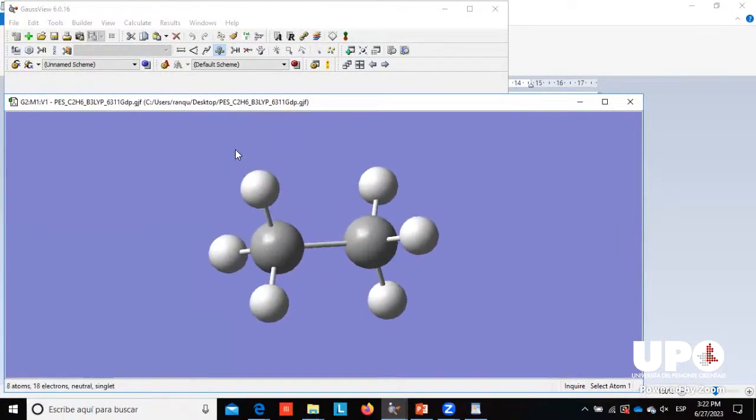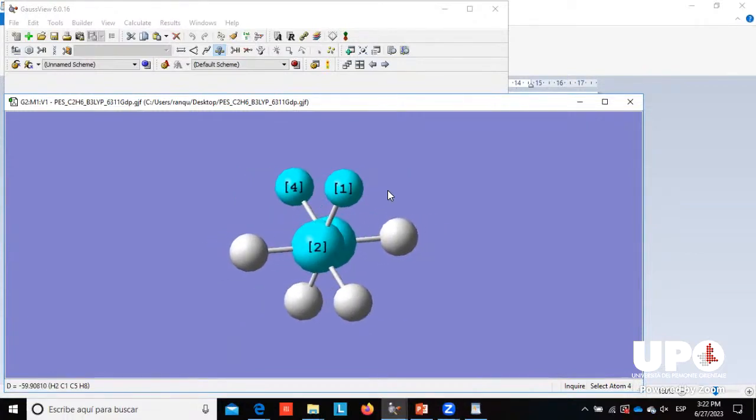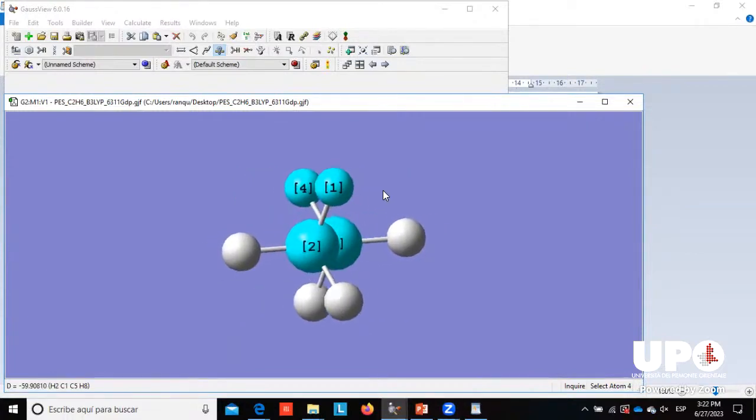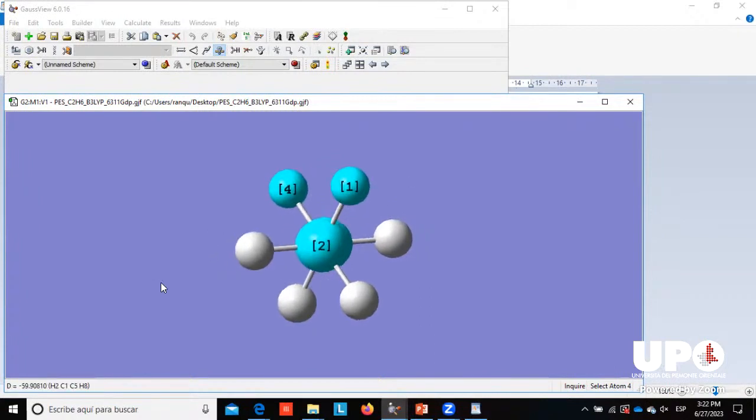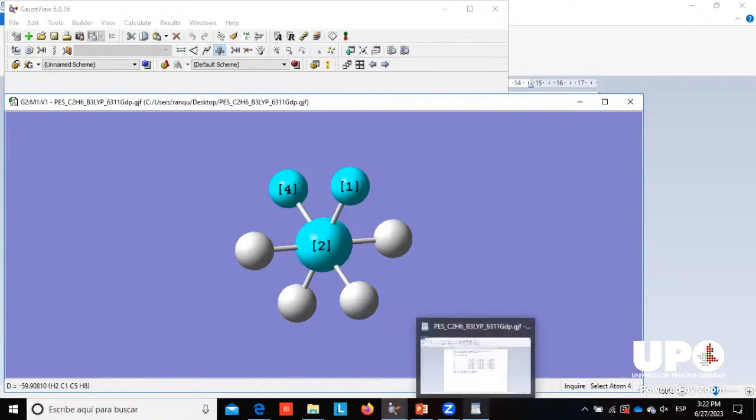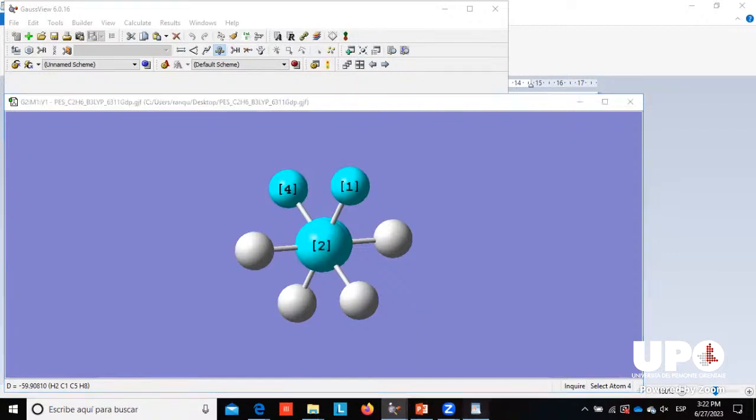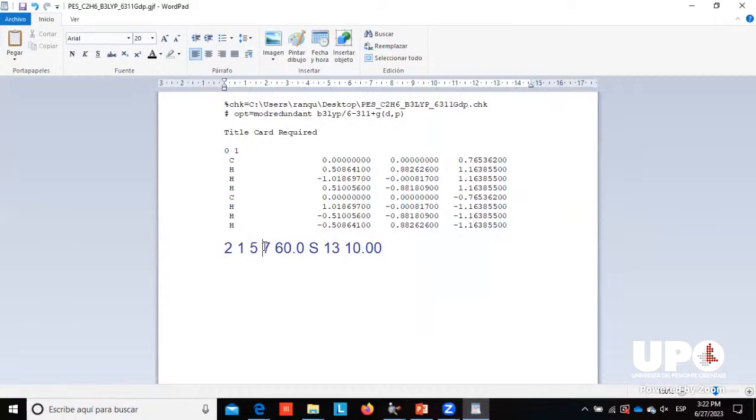But I'm not completely sure about the numbering of the atoms. So I have to come back here, and let's say I want to explore this angle, okay? This angle is roughly -60, you see, right? This is what we expect. And the atoms are 2, 1, 5, 8. So I'm going back to 2, 1, 5, 8. I need to remember this. 2, 1, 5, 8, okay.